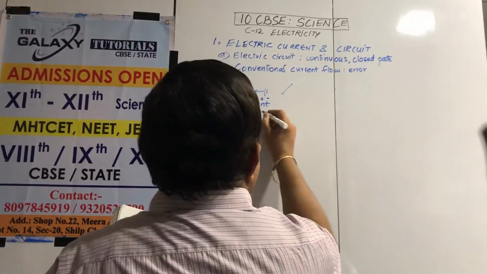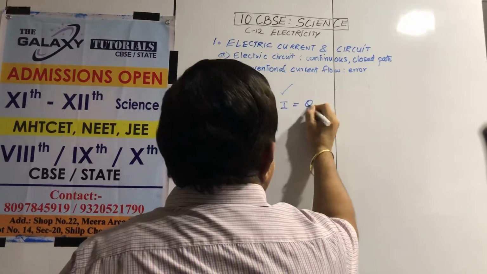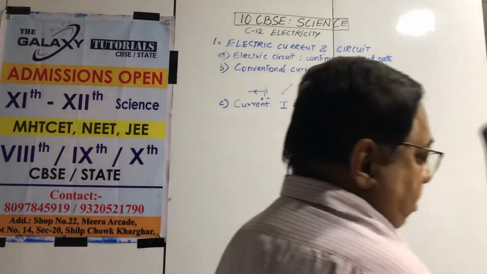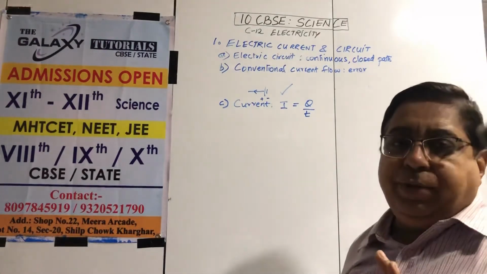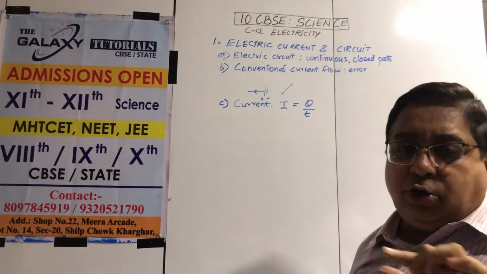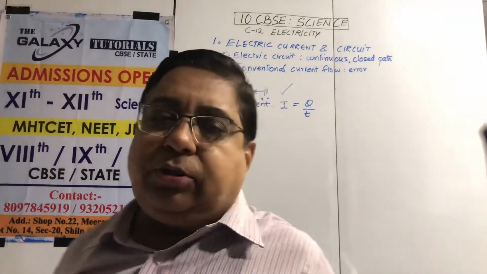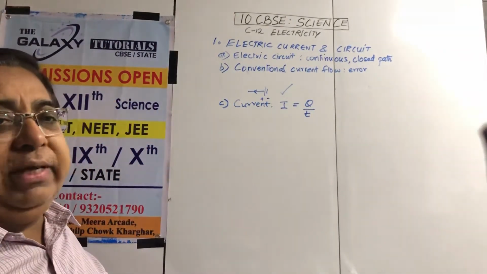So current is defined as I is Q upon T. Now I is the current through the cross section. If I cut a conductor, and assuming it's a circle, that circular area I will get from that slice, how much charge, electric charge or electrons are flowing through it in how many seconds.